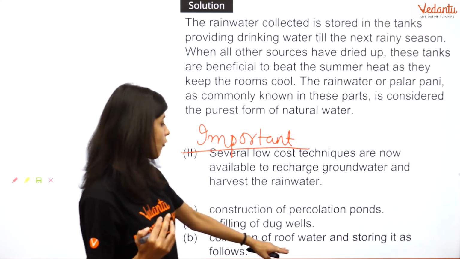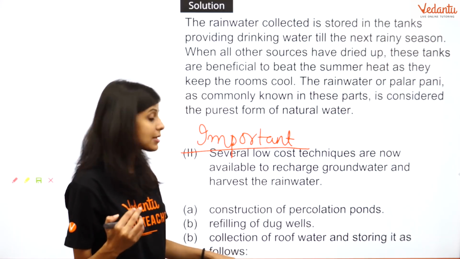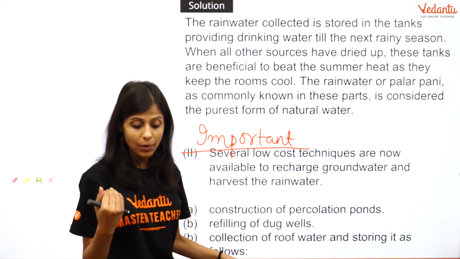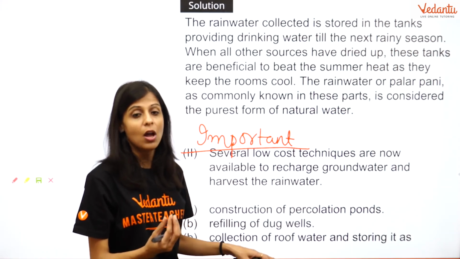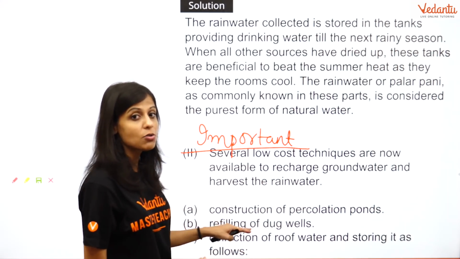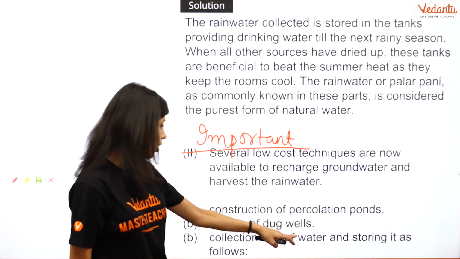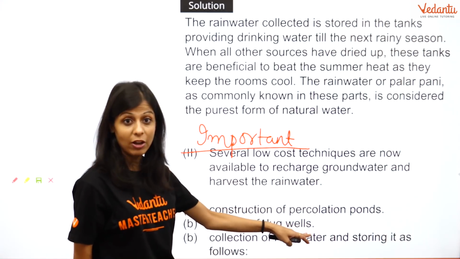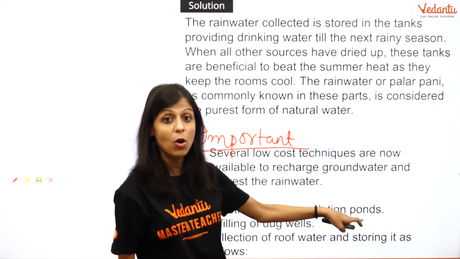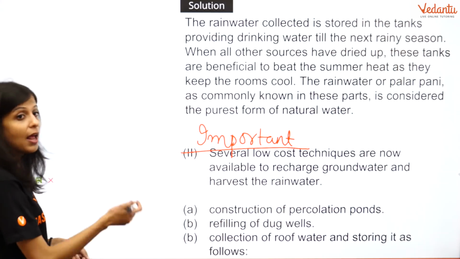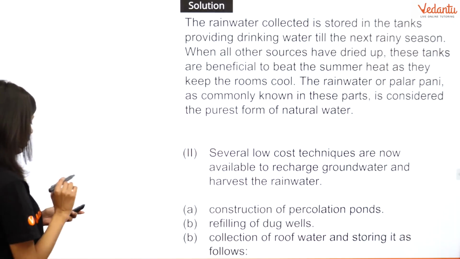So the collection of roof water and storing it as an alternative source which can help cover the energy needs. Then you are refilling the dug wells, and then you are constructing the percolation ponds that would in return help recharge the groundwater table.